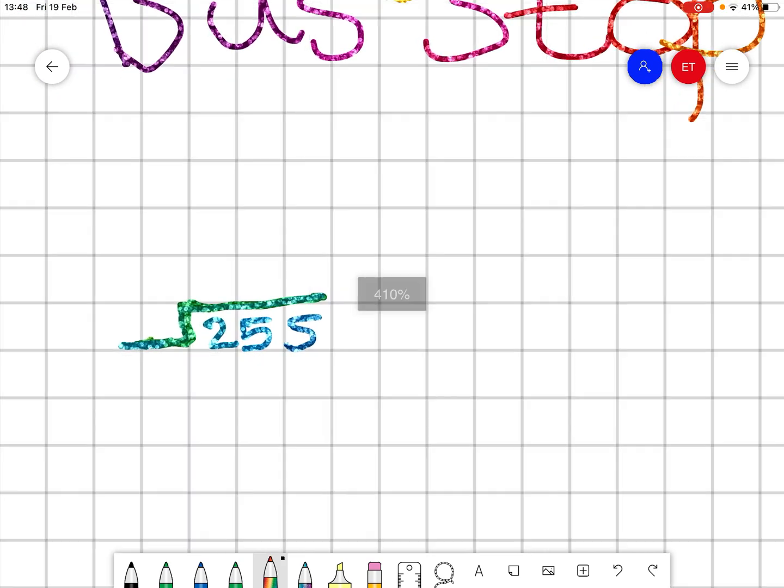Just going to zoom in here. 255, and I want to divide that by 5. Well, I can't use my times tables for that whole number because that would just take forever going through the times tables. I also think if I was to draw it out into equal groups, it would take forever. There'd be a lot of dots. So we use what's called the bus stop method.